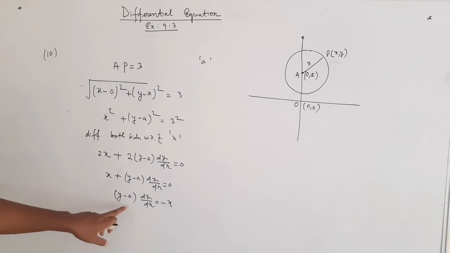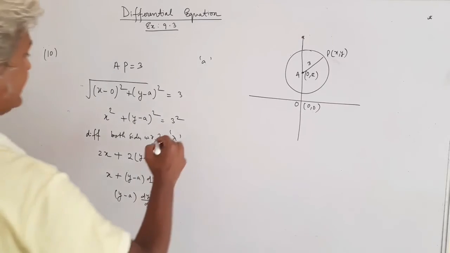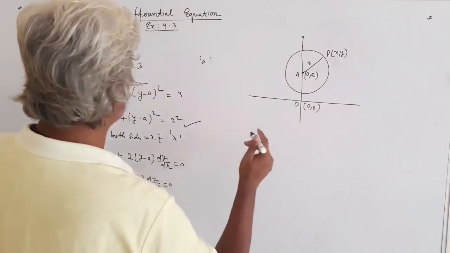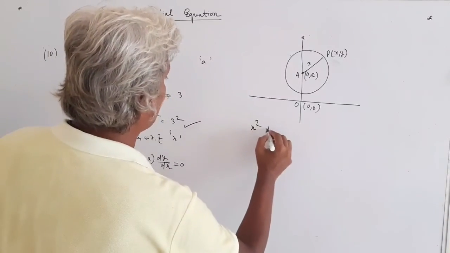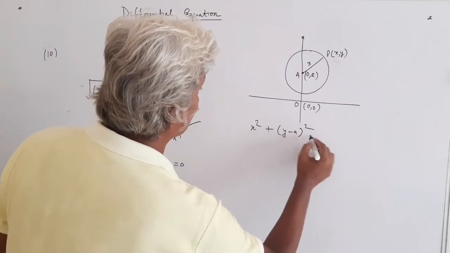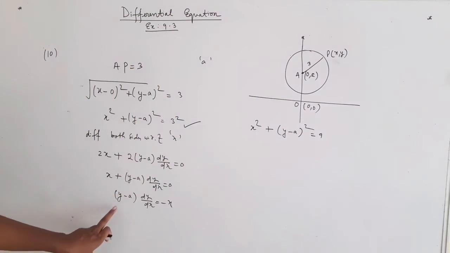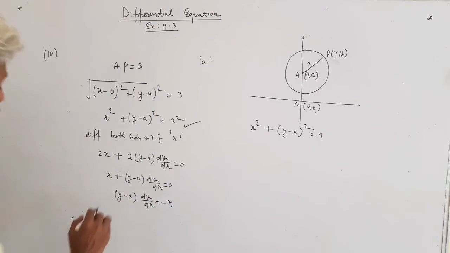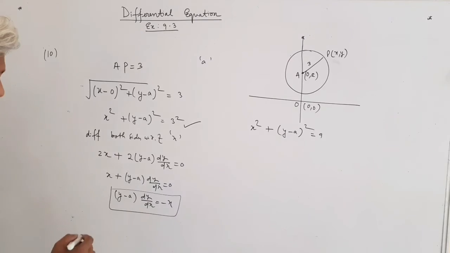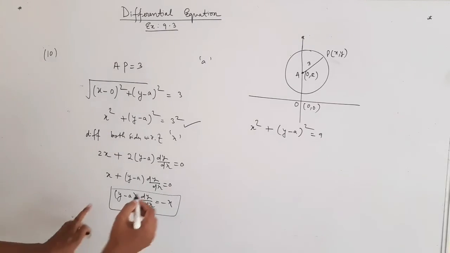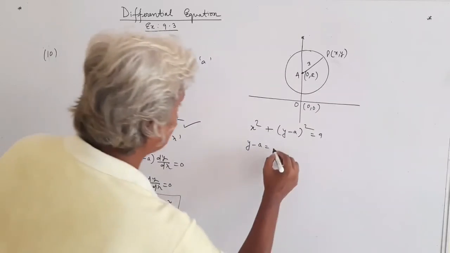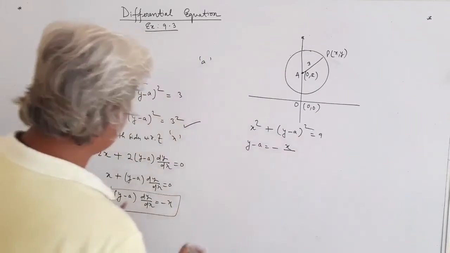Now we have to get rid of this y minus a, and here we have one equation which is going to help us. That is x square plus (y minus a) whole square equals 9. First let me write y minus a in a simple form: y minus a can be written as minus x over dy by dx.